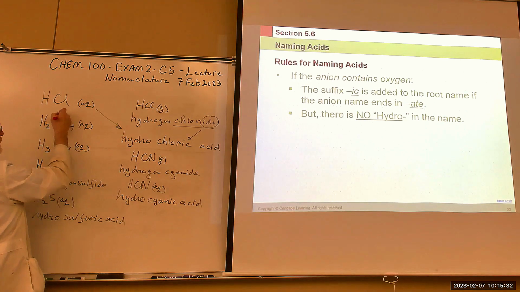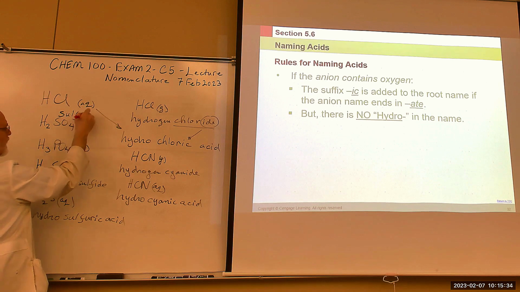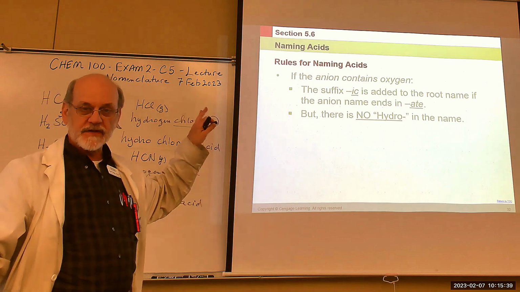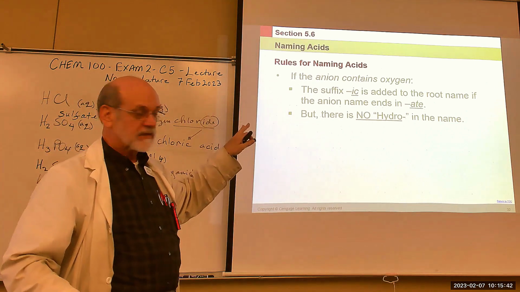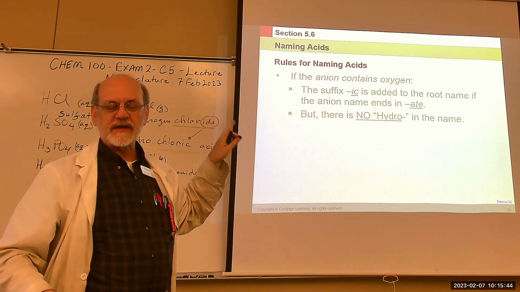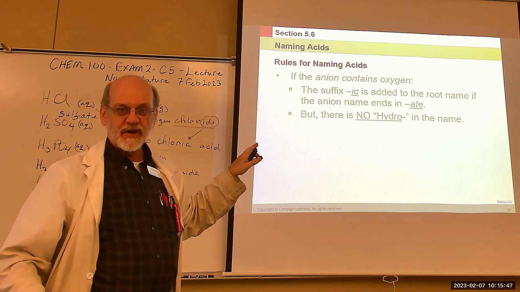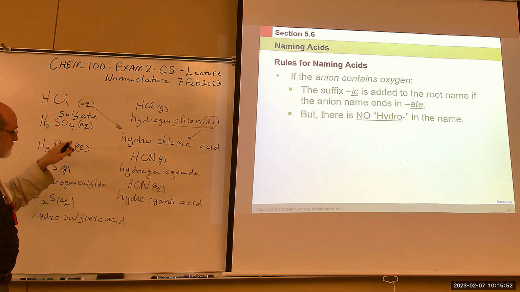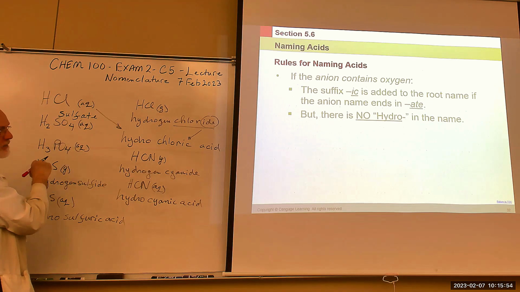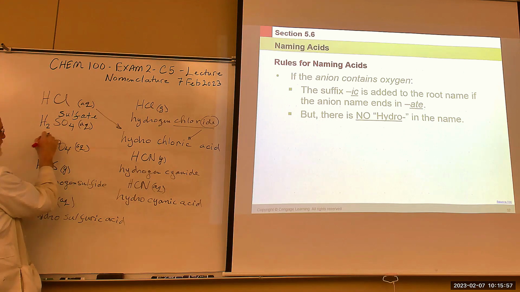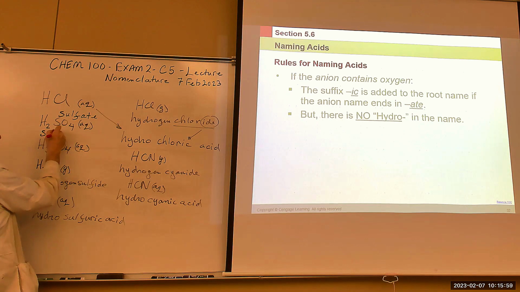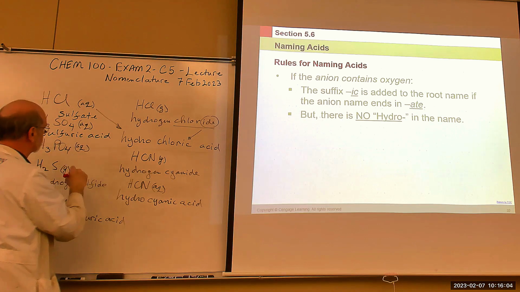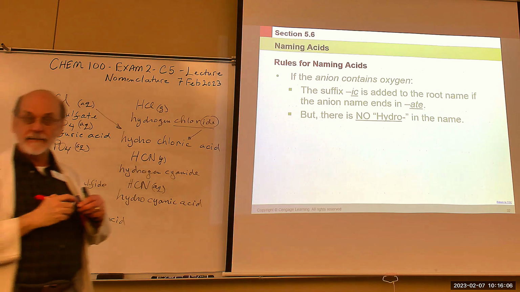This is the sulfate polyatomic ion. And this part of the acid naming convention will always be referencing polyatomic ions because they're the only ones that have oxygen in them, along with the hydrogen. So ate becomes ic. So instead of saying hydro, we just say sulfuric acid. Okay, that's it.